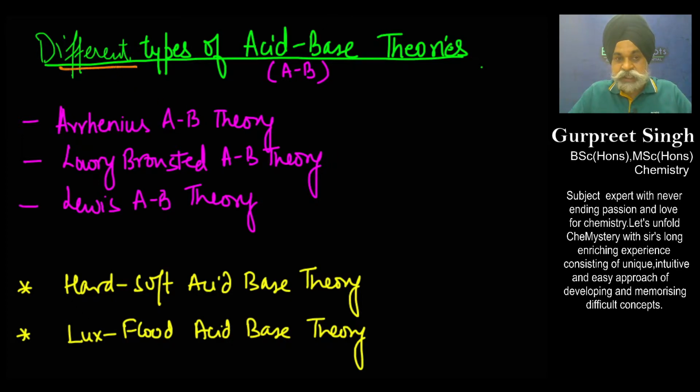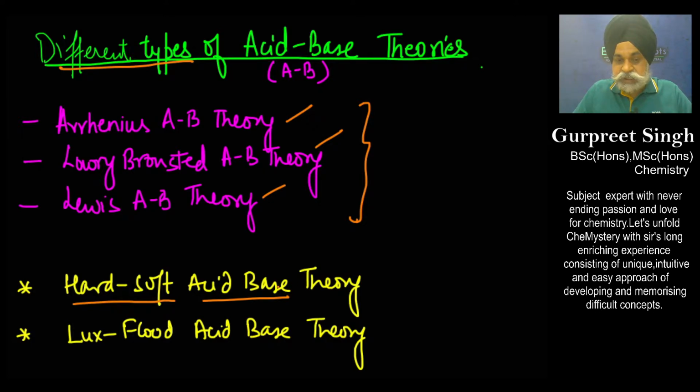There are different types of acid base theories available. We say Arrhenius acid base theory, then Lowry-Bronsted, then Lewis acid base. These three are primarily in our syllabus of 11th and 12th curriculum, but you would not find much of the hard and soft acid base theory in our plus one plus two level.